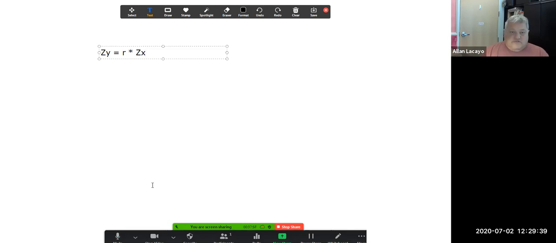How the z-scores of x help you predict the z-scores of y, and therefore how you can use the standardized values of x in order to make predictions about y.